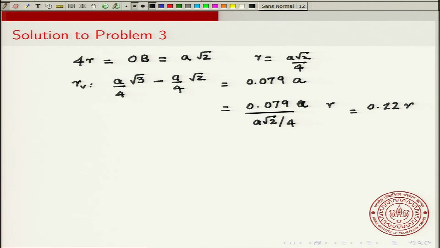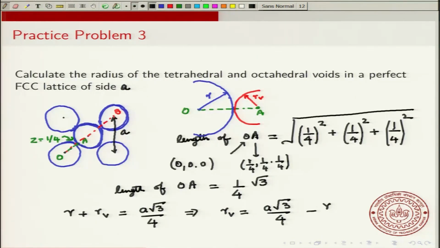Okay. What about the octahedral void in FCC? Now, the octahedral void is at the center of the cube. Let's go back to the planar view. The octahedral void is located right at the center of the cube.